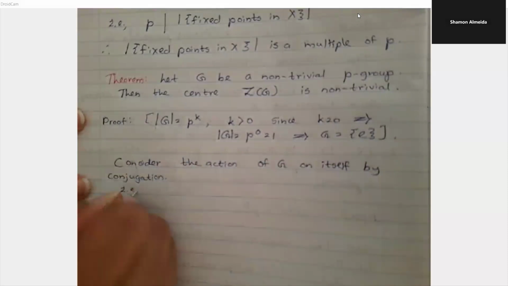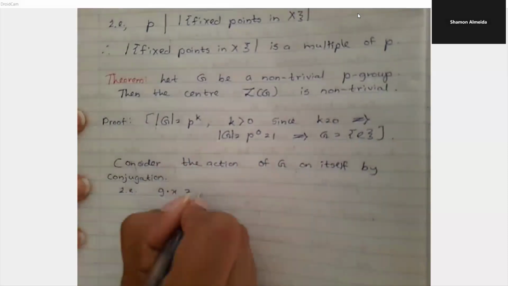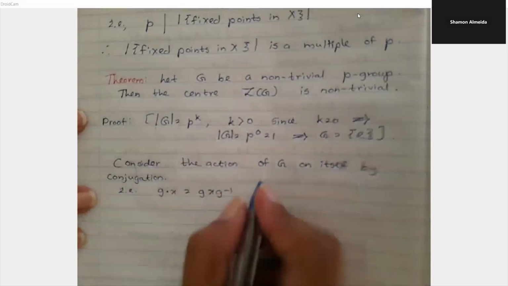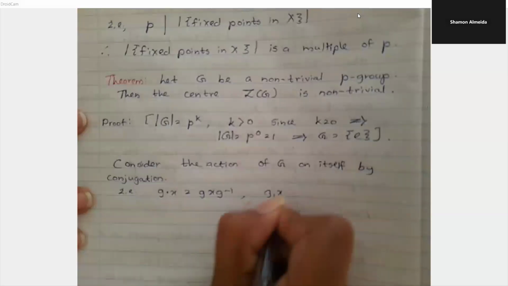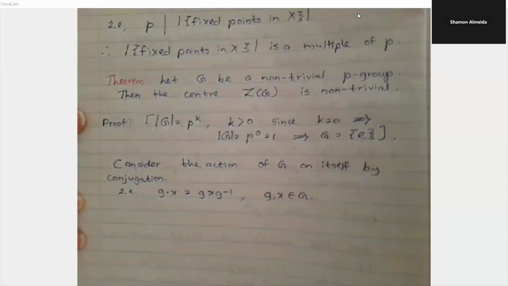That is, g dot x is equal to g x g inverse, where g and x both are elements in G, right?